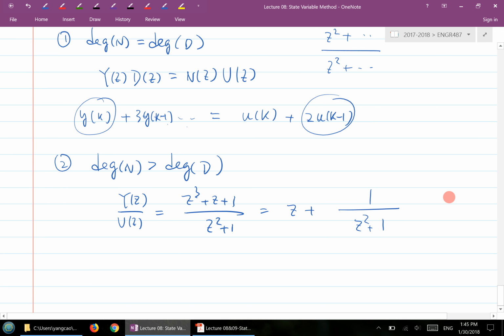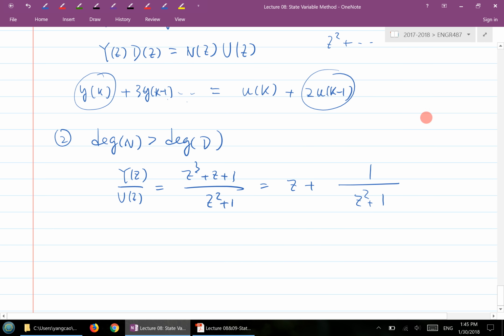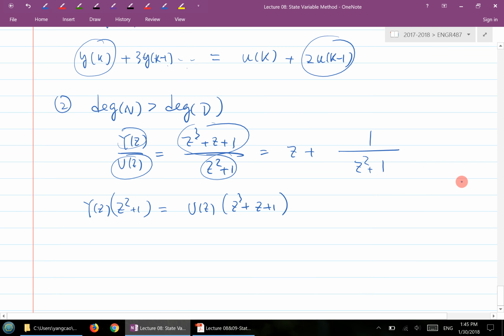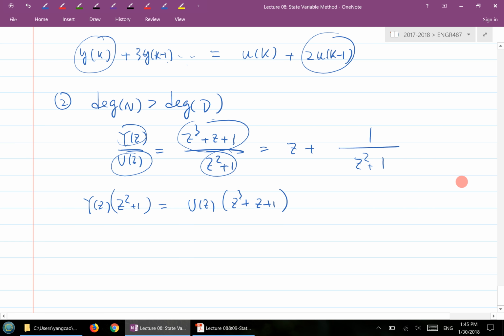Then now, if you multiply the y of z to do this equal thing here, basically y of z multiplied by this, and u of z multiplied by this. Is that good?